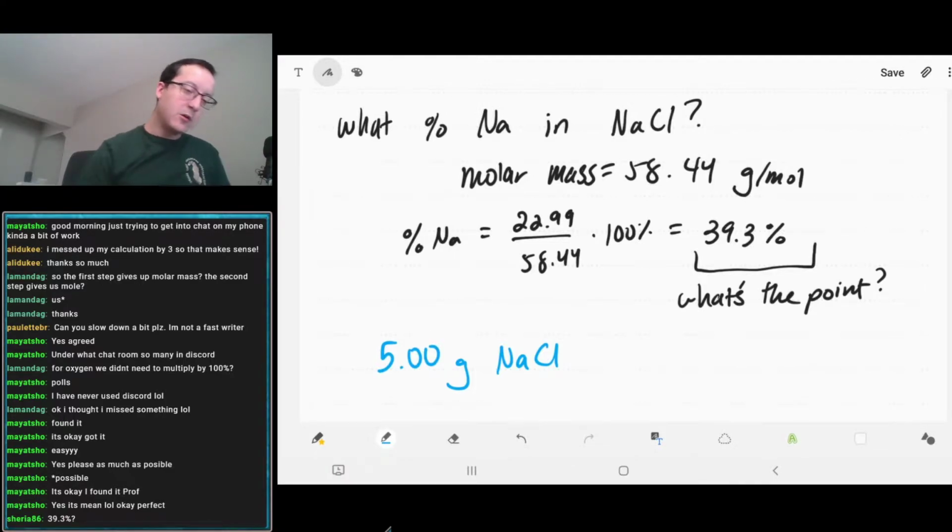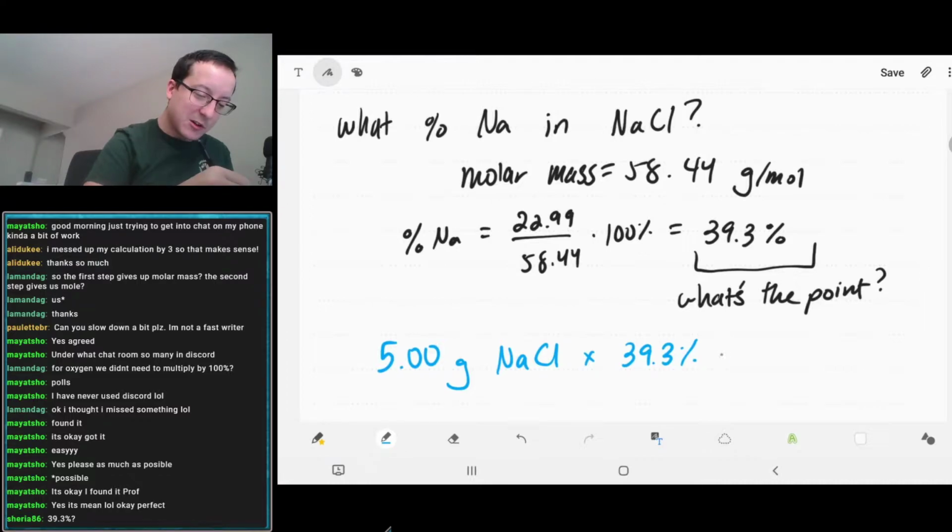And let's say we are a hypertensive individual, high blood pressure, and so we are under orders to monitor our sodium consumption. What we can do with this information is say, okay, we know that 39.3% of sodium chloride is sodium. We don't have to monitor our chloride consumption, no problem there. It's the sodium we have to watch out for.